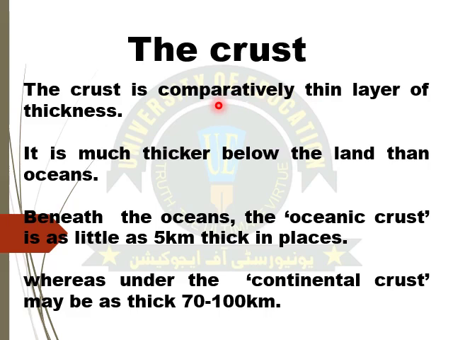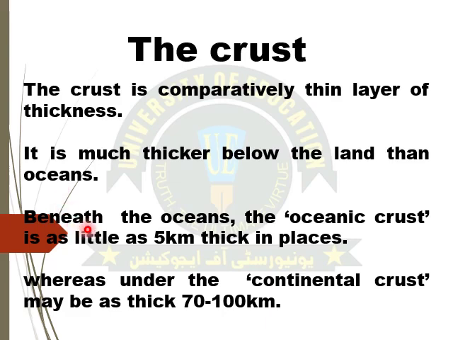Whereas the crust is much thicker below the terrestrial land, but it is very thin when compared to the depth of ocean, because on the terrestrial environment there are a large number of mountains that increase the thickness of crust, whereas in the deepness of oceans, the crust depth or its thickness may decrease.